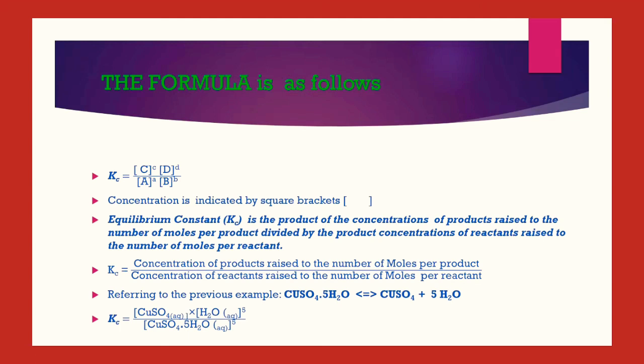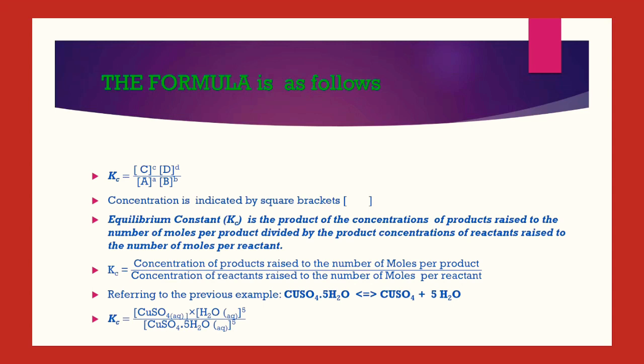Divide by concentration of A in square brackets raised to the number of moles A multiplied by concentration of B in square brackets raised to the power B. Concentration is indicated by square brackets. So in this textbook, they are on top of page 211.